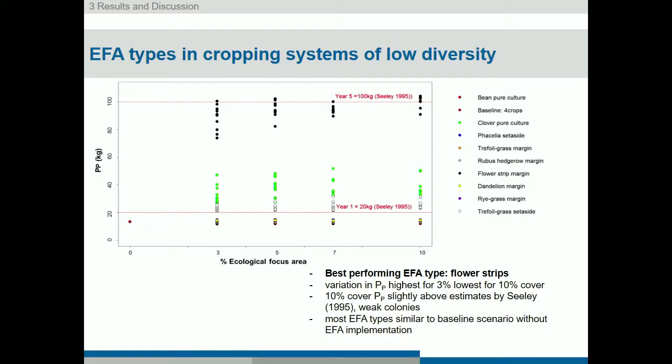But regarding that all these coverages only slightly exceed this threshold, it's really unlikely that in a cropping system of low diversity, this ecological focus area type will really improve the honeybee colony under realistic conditions.